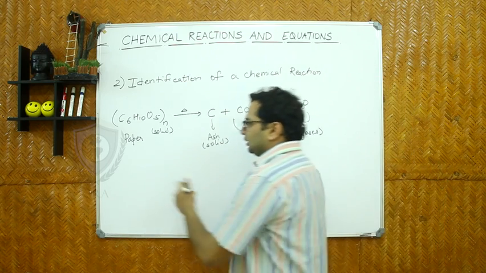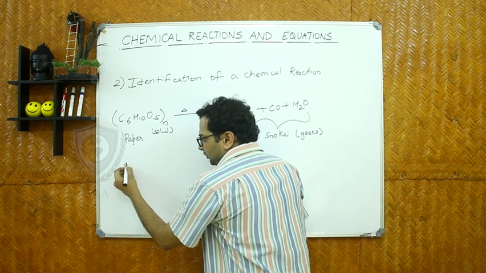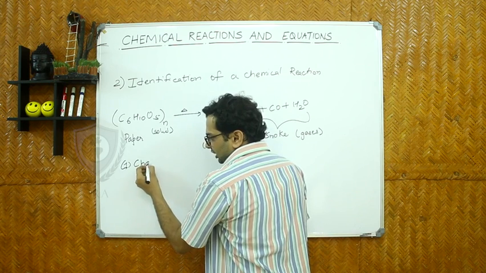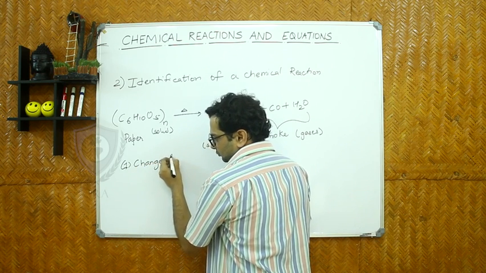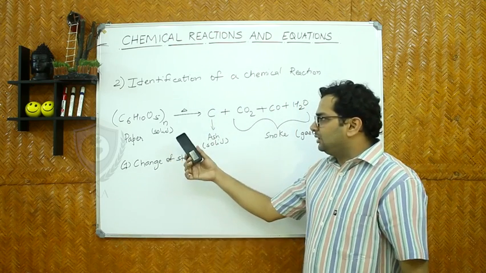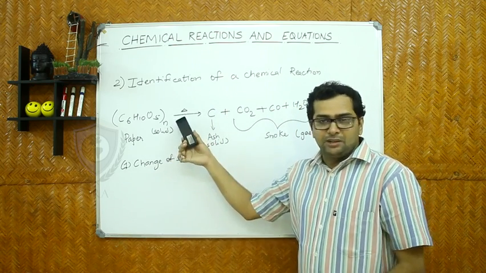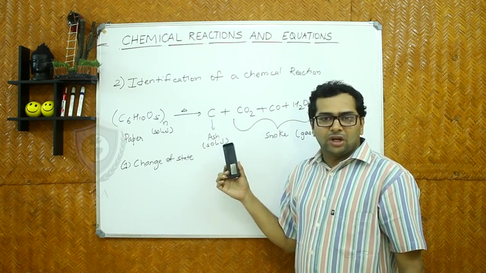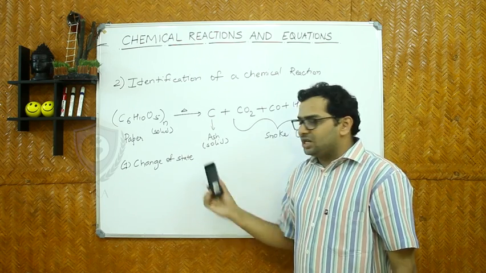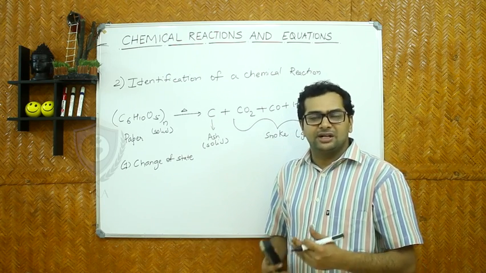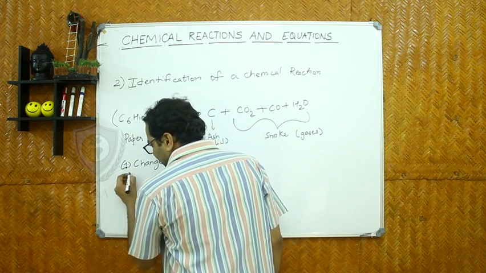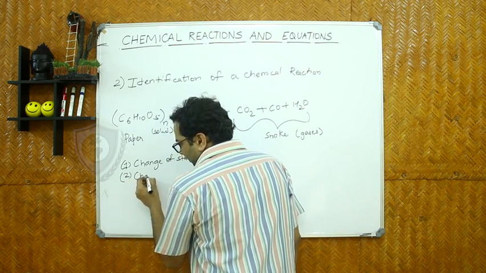So this leads to the first identification mark, which is change of state. What happened is a solid substance when burned converted into another solid substance plus 2 or 3 gaseous substances. So this is the change of state. By the change of state, you can understand it's a chemical reaction. The second key point is change of color.